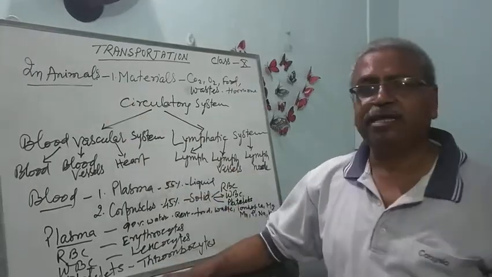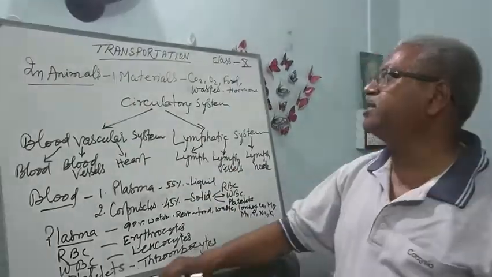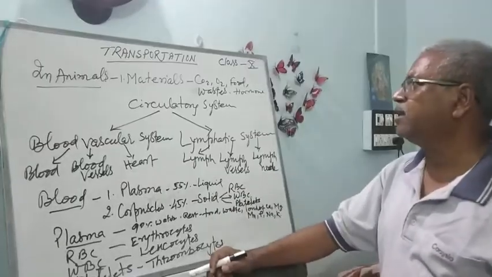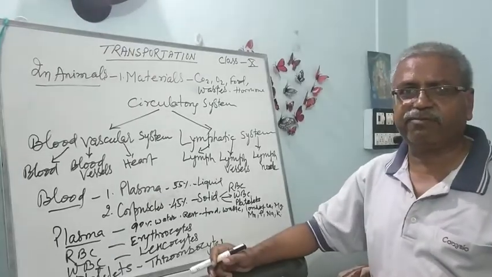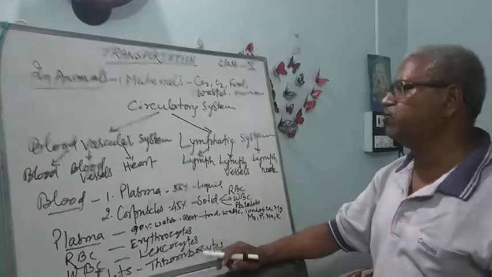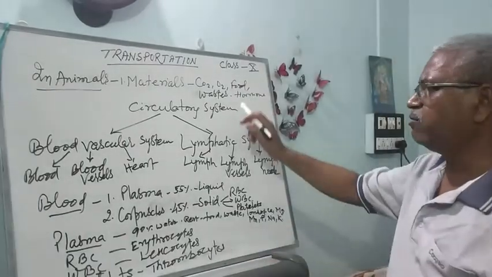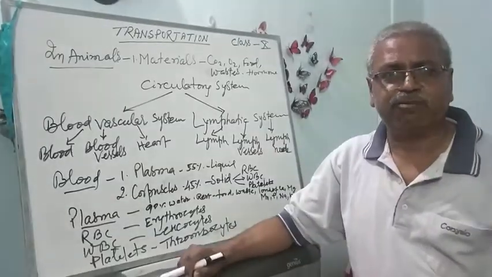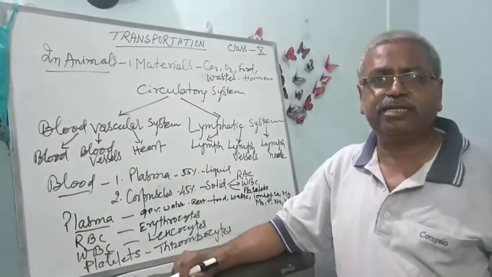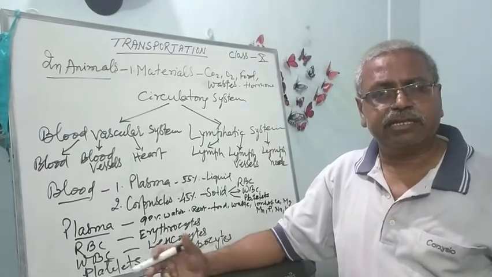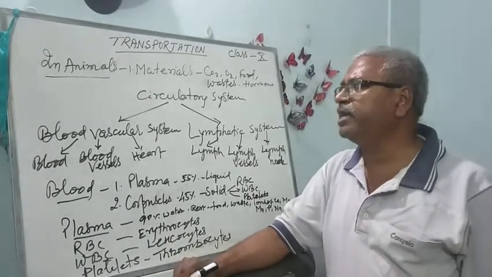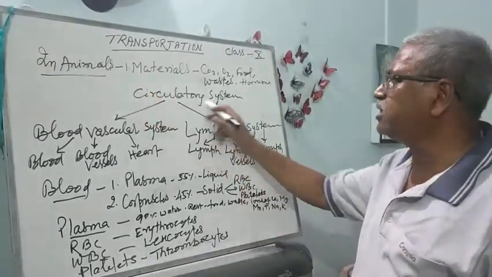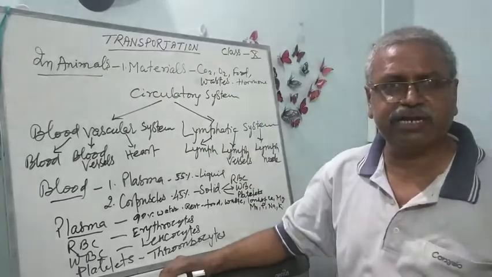In animals the transportable materials are gaseous materials, carbon dioxide and oxygen, food materials, carbohydrate, fat, proteins, waste materials like urea, hormones, etc. These materials are transported in simpler animals by the simple method of diffusion. But in complex animals, there is a well-developed circulatory system for the transportation of the material.